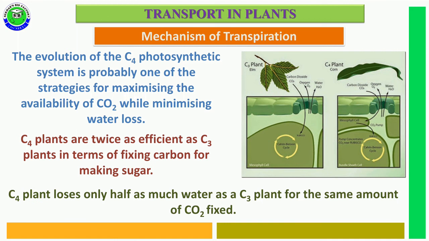C4 plants lose only half the amount of water compared to C3 plants to fix the same amount of carbon dioxide during photosynthesis. So these are the adaptations to overcome transpiration in plants to give more yield.